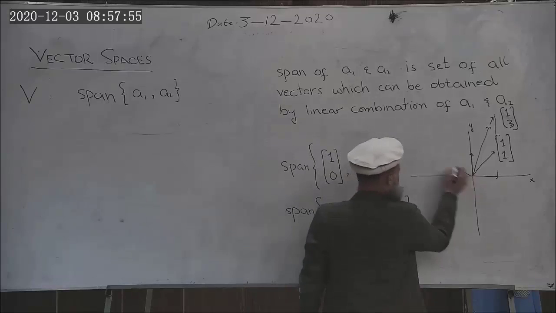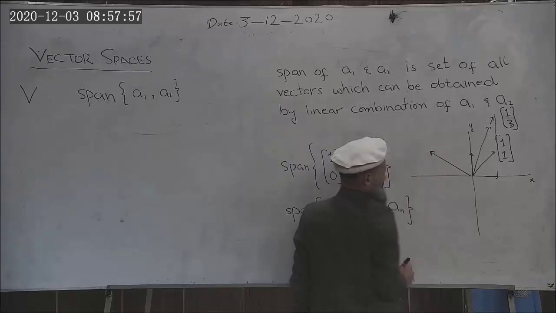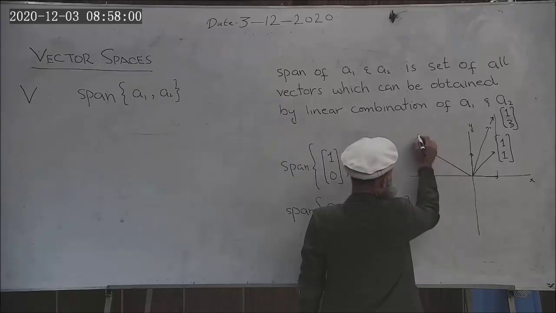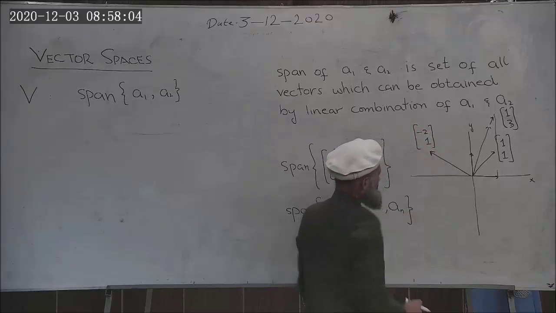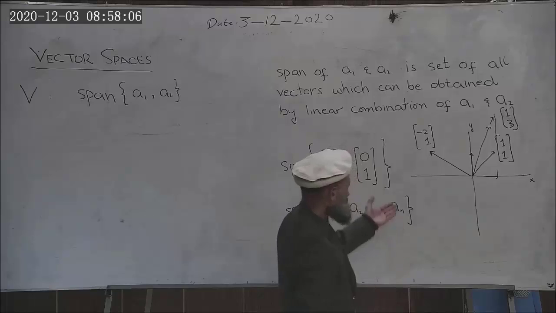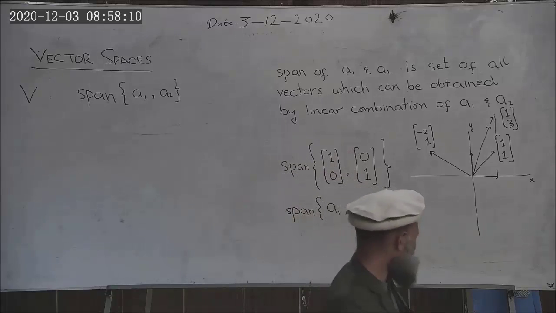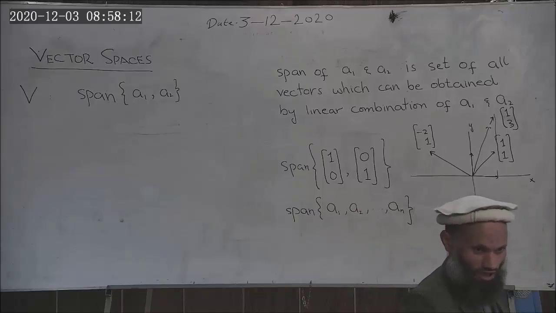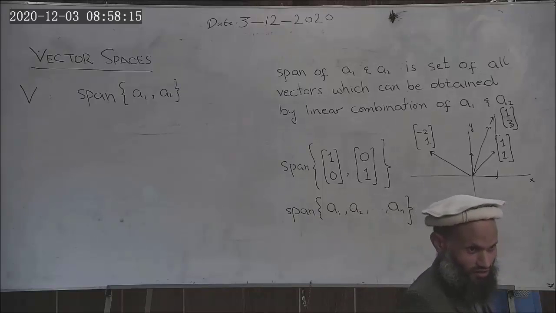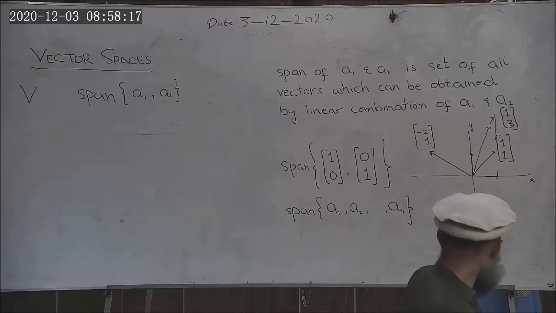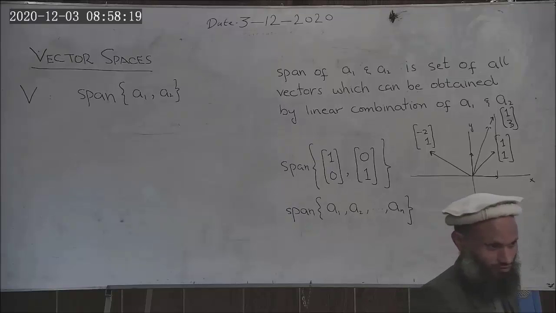Can we obtain this vector? Yes, this vector is -2 and 1, let's say. This can also be obtained by linear combination of these two vectors. So any vector in R2 which you can imagine can be generated by linear combination of these two vectors.